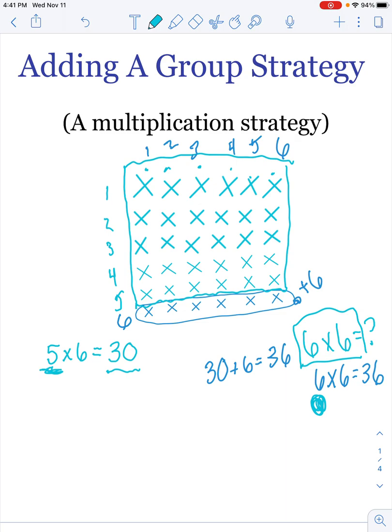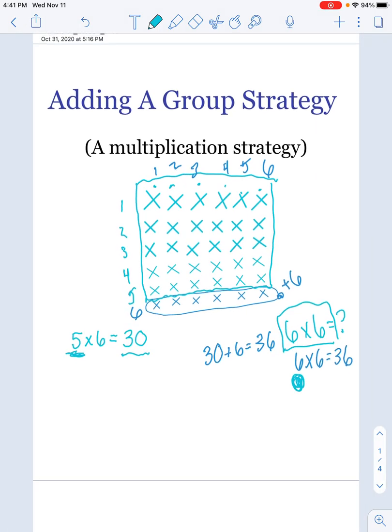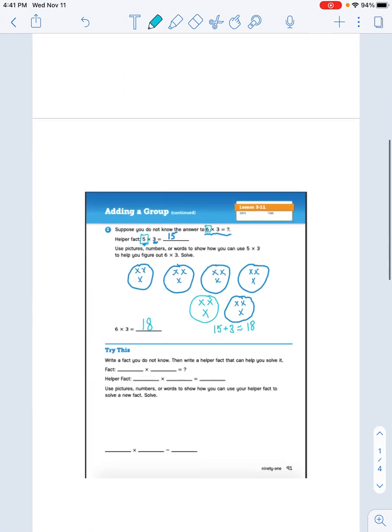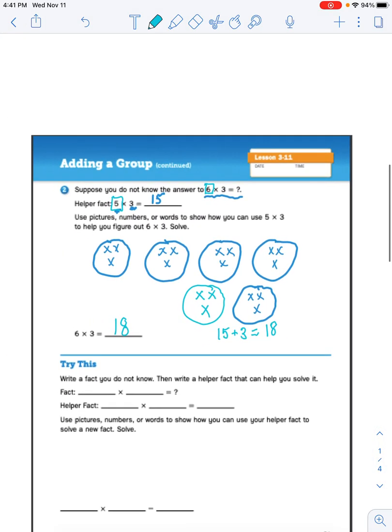And on this one, 6 times 6 was the one I didn't know, so I used 5 times 6. A lot of people will use their 2s, 5s, and 10s multiplication facts as their helper facts because those are ones that people tend to memorize pretty quickly.